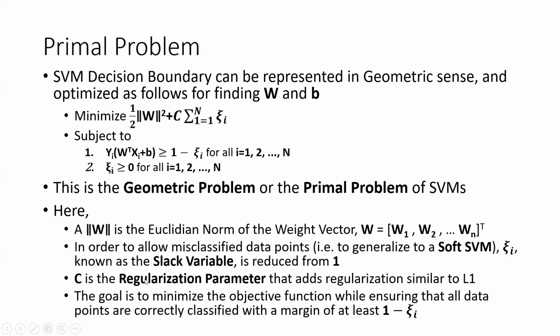In the earlier case we were describing the hard SVMs, where there are no misclassifications. But in the real world, not all the data points can be classified with 100% accuracy. That means with a linear decision boundary, we can't make sure that we classify all the data points.